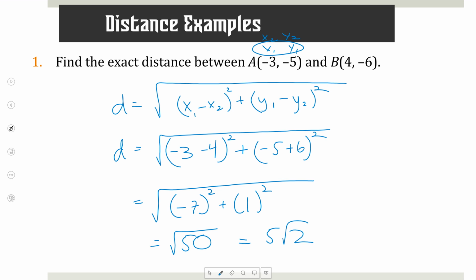At some point we'll take a decimal value, but for now just leave it as a simplified radical. If Evan had given a different answer, meaning wanting -3, -5 as x2, y2, you'd still get the same answer. It just looks a little bit different in the calculations.